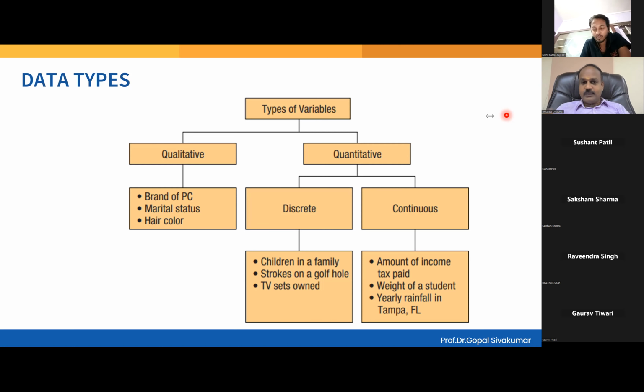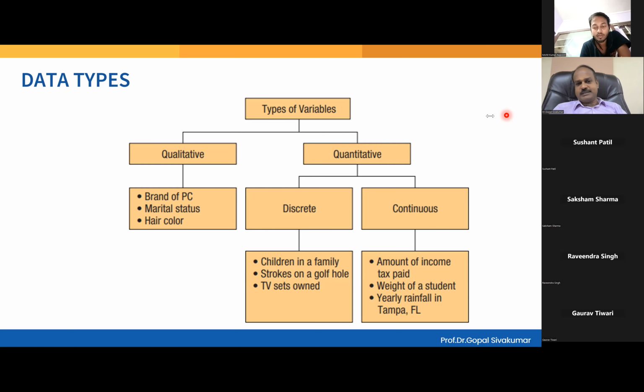Again, in quantitative data, we have two types. One is continuous, another one is discrete. Discrete is otherwise known as attribute data, also known as categorical data. Only the names are different. What are the other names for discrete? Attribute, categorical data.